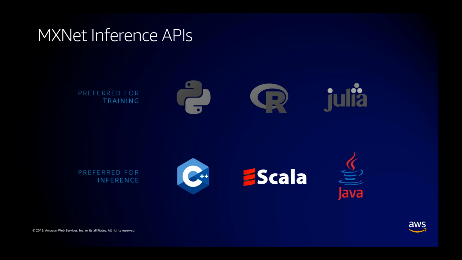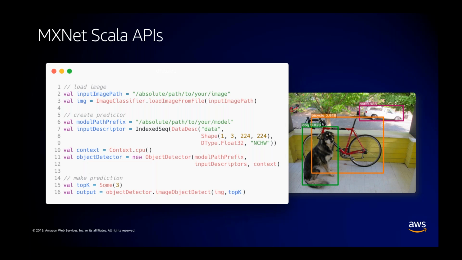So let's take Scala as an example. For object detection, maybe in Python, with SageMaker, we've trained an object detection model using Keras-MXNet. We save the model and we get those two files, the architecture file and the params file. And now using Scala, we can create an object detector.